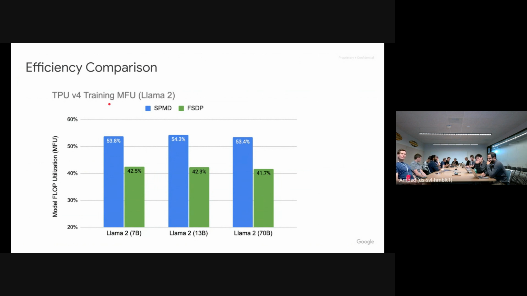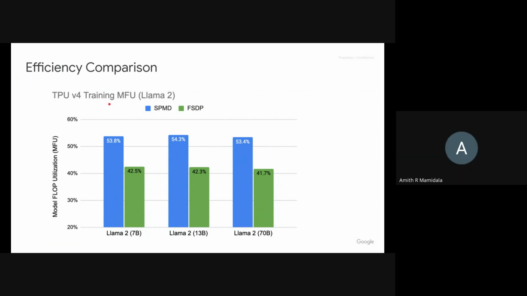FSDP, and it has advantages just because it is 2D partitioning, and also because it has the automatic computation-communication overlap that XLA can do, which is not there in FSDP.